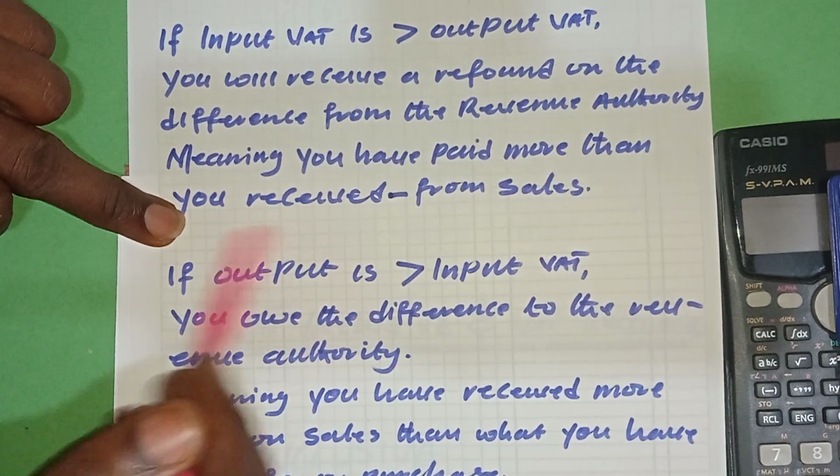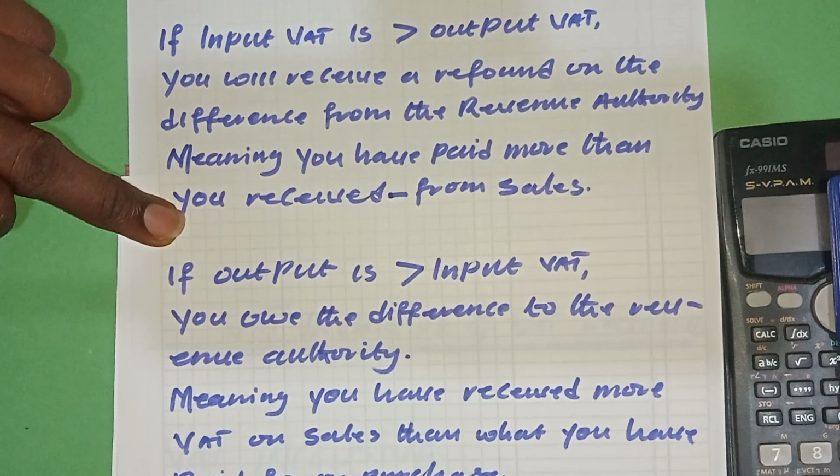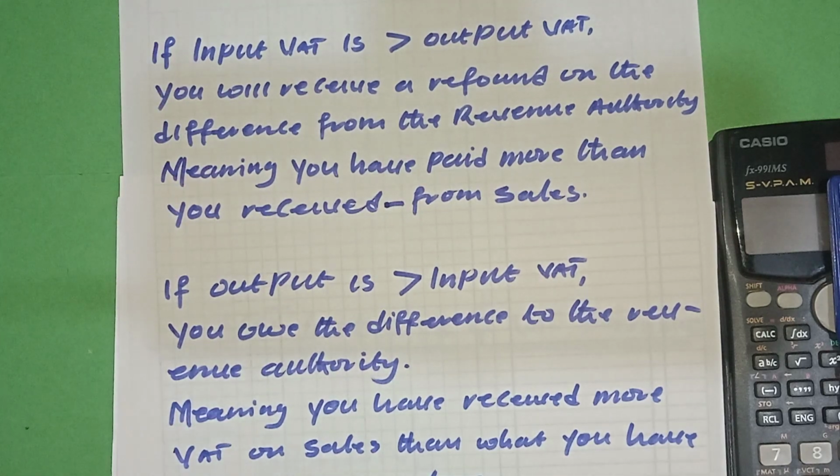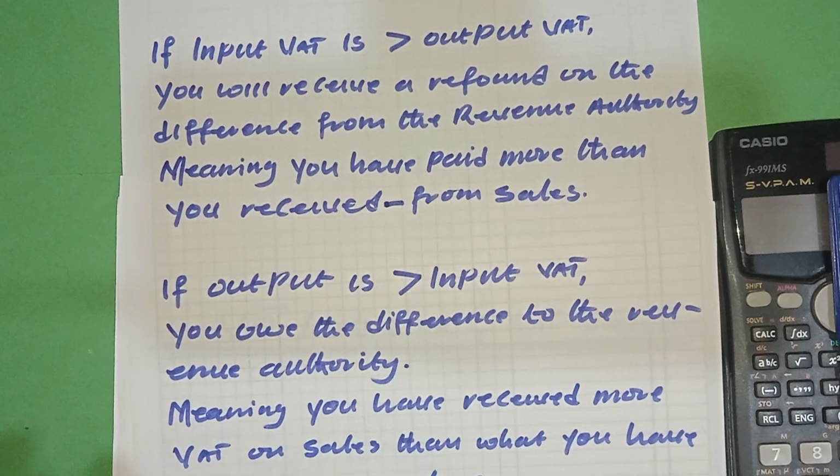If your output, the one you sell, is higher than the one you bought, you are owing the tax authority. Hope you understand this. At times it's confusing, but you just have to calm down, be patient, and you will get the difference.